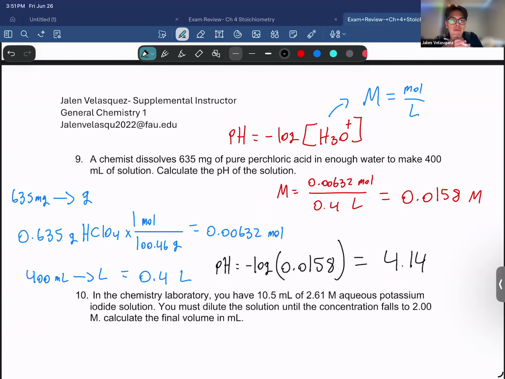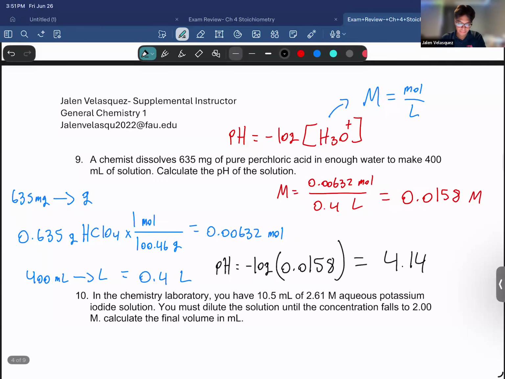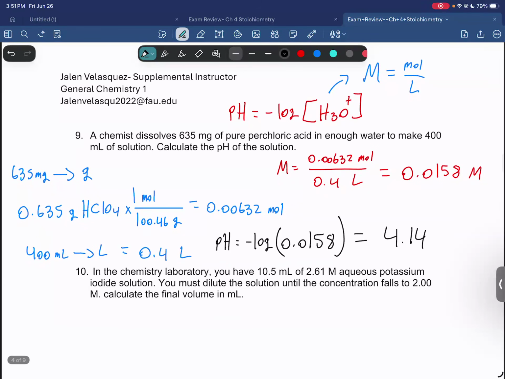Okay, questions with that one? So in my meeting, they said that there's weird sig fig rules with the pH and the log. So because there's three sig figs in the molarity, does that mean that you'd have to have three decimal places on the pH? Yeah, actually, good point. I forget about that.